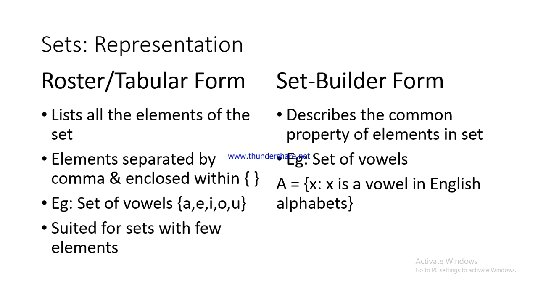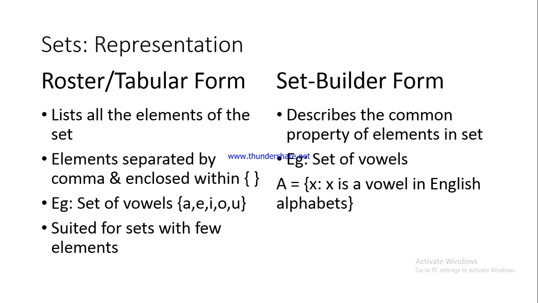A is equal to, curly brackets have started, and then we'll be ending also with curly brackets, and the colon sign that you see here, we will be terming it as "such that". So I'm now going to read this particular notation.